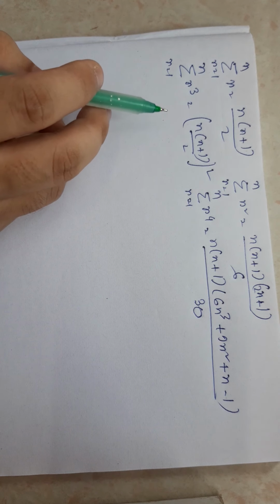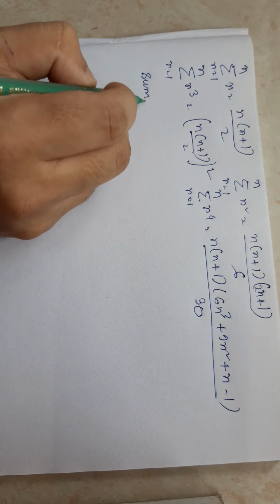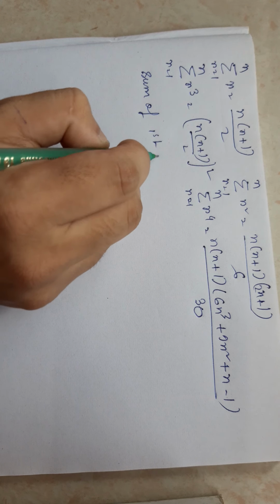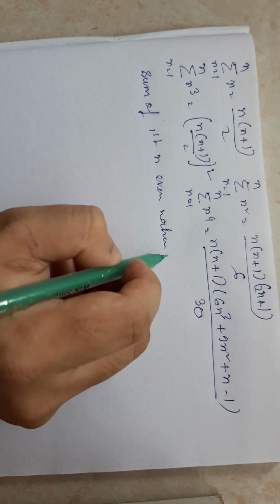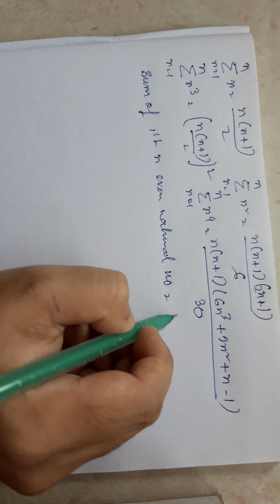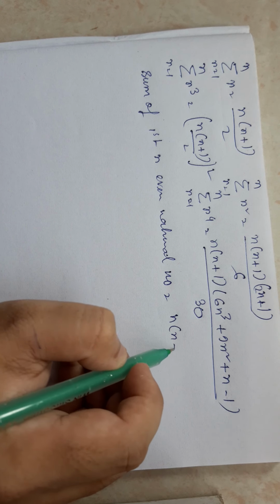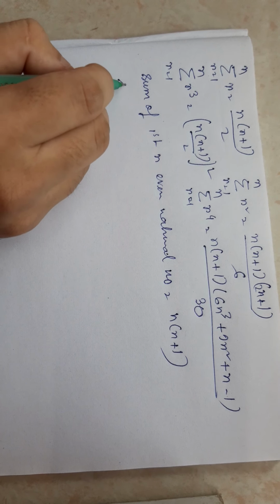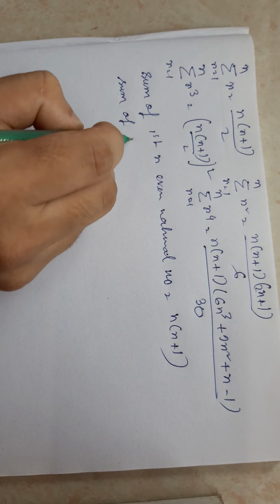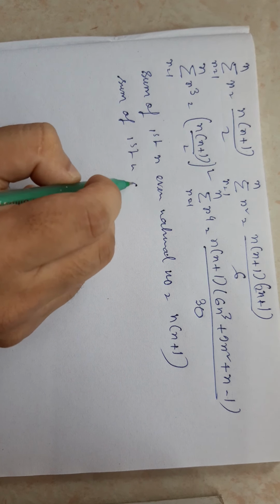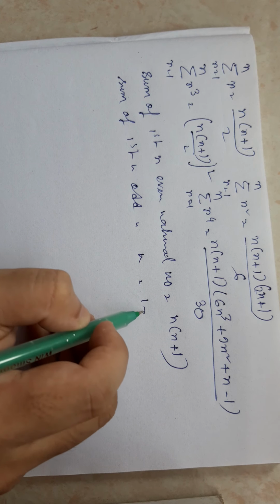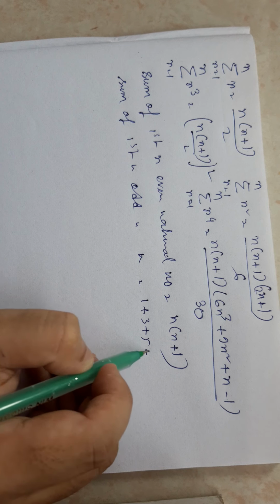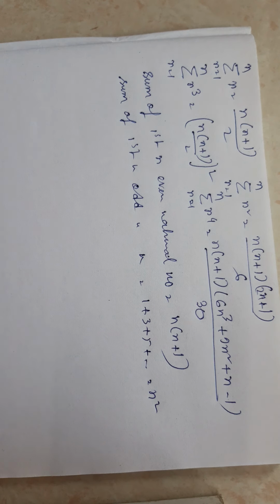The sum of the first n even natural numbers is n into (n plus 1), and the sum of the first n odd natural numbers, 1 plus 3 plus 5 and so on, is n square.